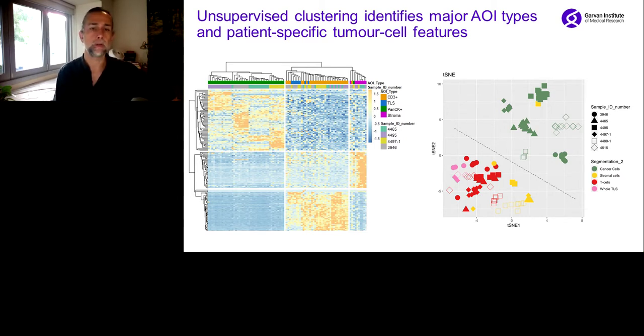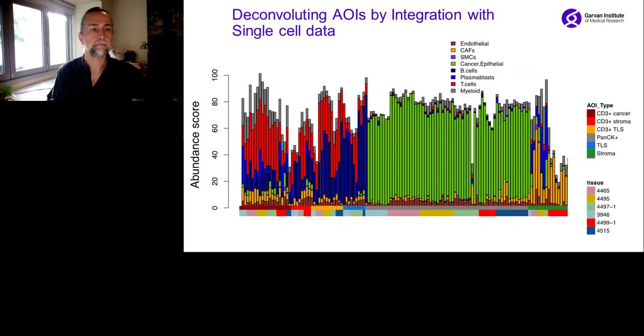This is something we observed with single cell RNA sequencing as well, that every patient's cancer cells are profoundly different in their transcriptome, whereas their immune and stromal cells are very similar. On the right, you can see a different way of visualizing the data using a t-SNE projection, where generally the host cells cluster down in the bottom left, the cancer cells cluster in the bottom right, and again, you can see every patient is different here.